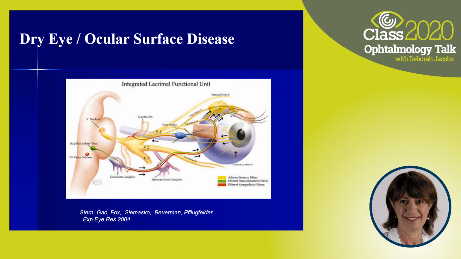They indeed are part of the integrated lacrimal functional unit, which includes nerves that arise at the ocular surface and extend back through the trigeminal ganglion to the brainstem, and then other nerves that in turn innervate the lacrimal gland and other adnexa in the lids.